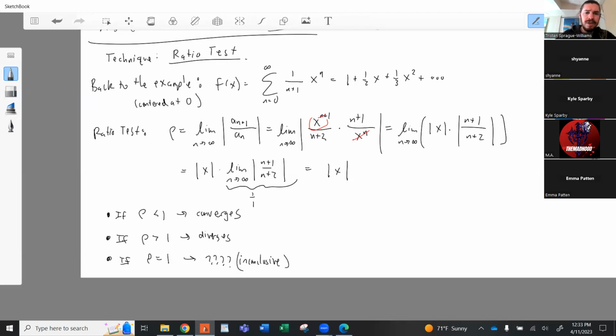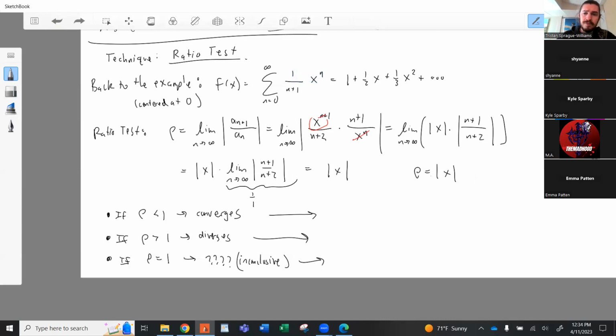So because we got rho as a function of x, we can now turn these three situations into statements about x. We just found out that rho equals the absolute value of x, and there's nothing else going on, right? If this limit had given us some other number, we might have had a times 5 over here, or a times 2/3, whatever that limit ended up equaling. But we just got 1, so it's just this.